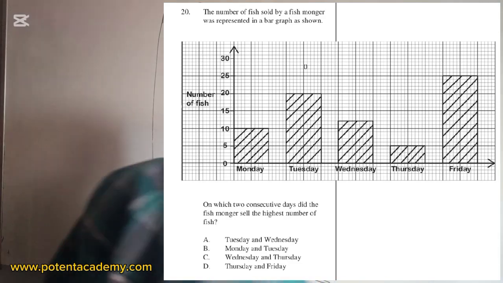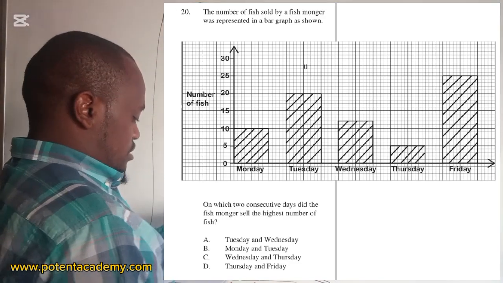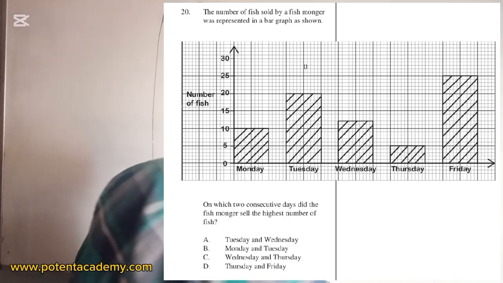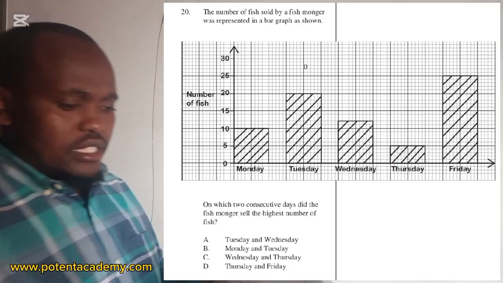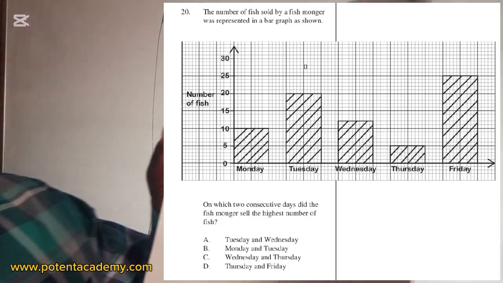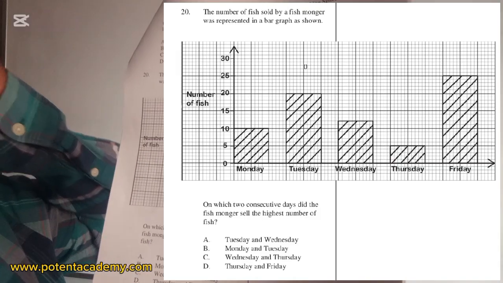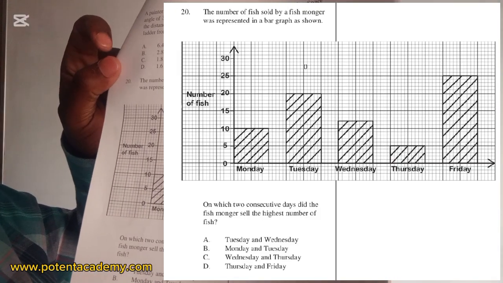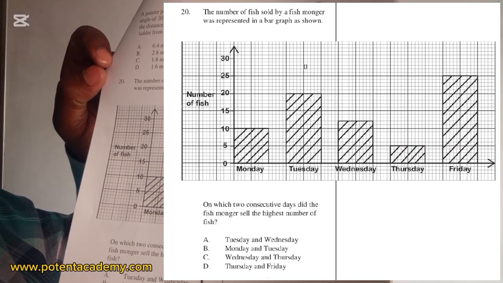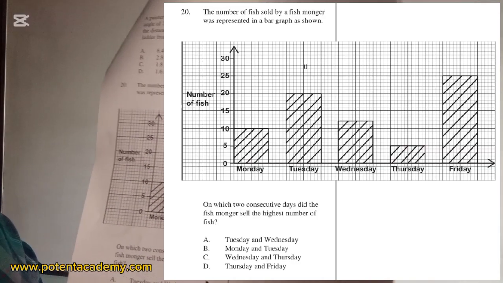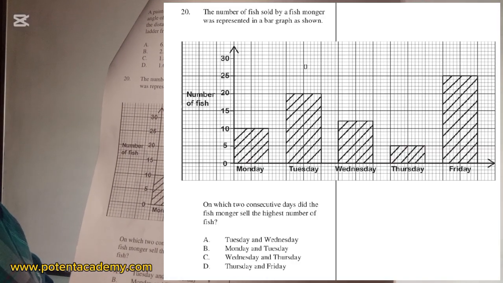Now, the last question. I will not write this. You can just look at this question. This is the last question we are doing in this video. The number of fish sold by a fishmonger was represented in a bar graph as shown.